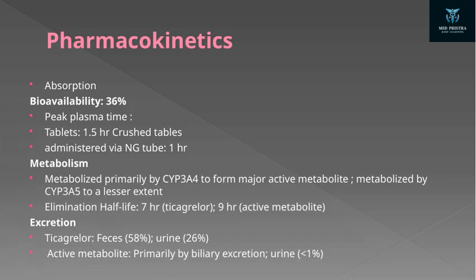As for elimination, the half-life of Ticagrelor is about 7 hours, while the active metabolite has a slightly longer half-life of around 9 hours. This helps us understand how long the drug stays active in the body. Finally, regarding excretion, most of the Ticagrelor is excreted through feces, about 58%, and around 26% through urine.